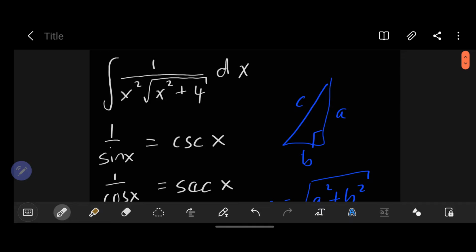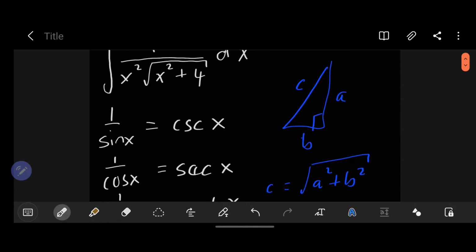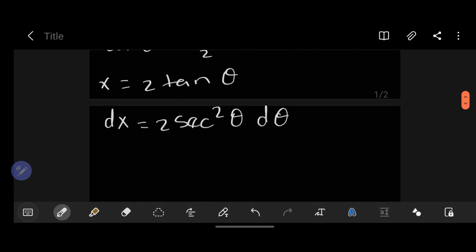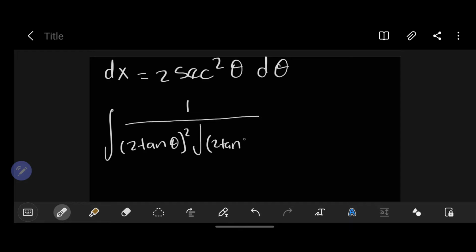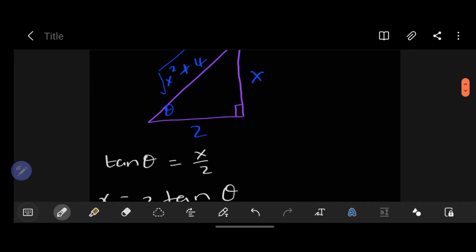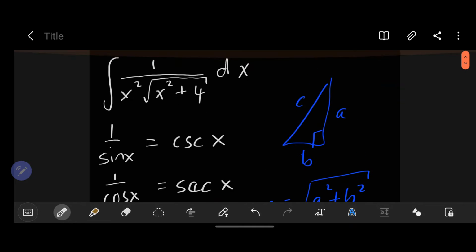So now I can substitute everything in there. I'll have 1 over x squared, which is 2 tan theta squared, then the square root, and then again x squared, 2 tan theta squared plus 4. Let me just make sure I'm not making any mistakes.